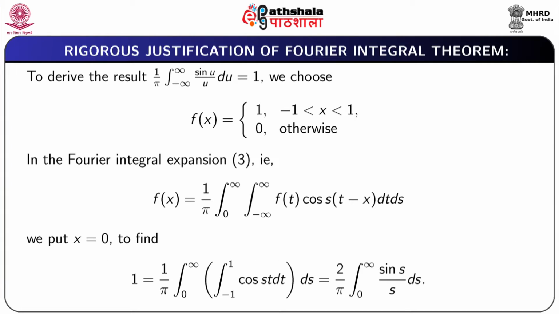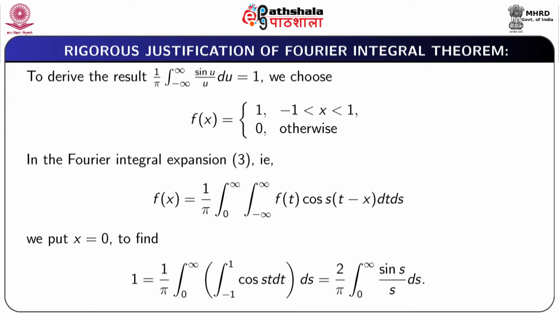Now, we first show that the integral 1 by π from -infinity to +infinity of sin u/u du is equal to 1. For this, we choose the function f(x) equal to 1 when x lies in the interval -1 to +1 and 0 otherwise.